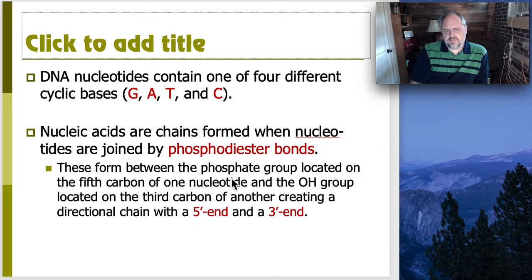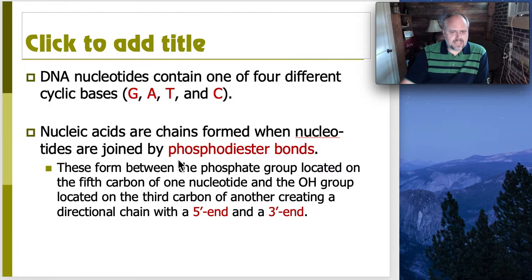Remember I told you that these macromolecules are held together by covalent bonds, and in this case the specific covalent bond that holds the subunits together is what we call a phosphodiester bond. So if you remember your organic, an ester is some kind of a bond across an O, and this would be 2 ester linkages with a phosphate in the middle.